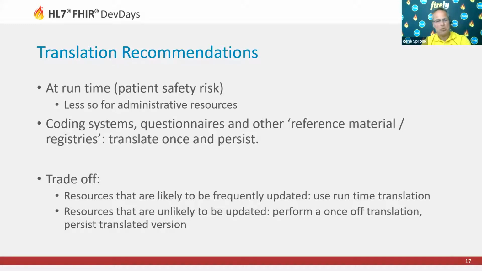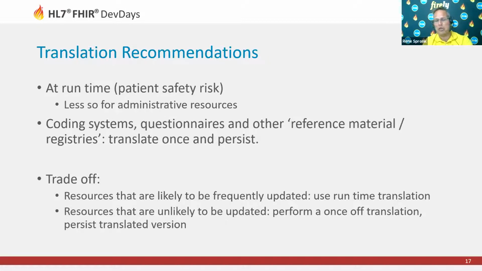So that leads me to the conclusion that you see near the bottom here, that there are some resources. If resources are likely to be frequently updated, then it's probably best to do a runtime translation each and every time somebody fetches the resource.